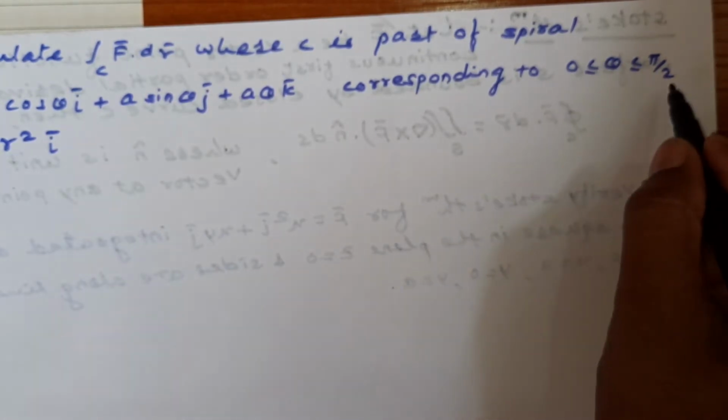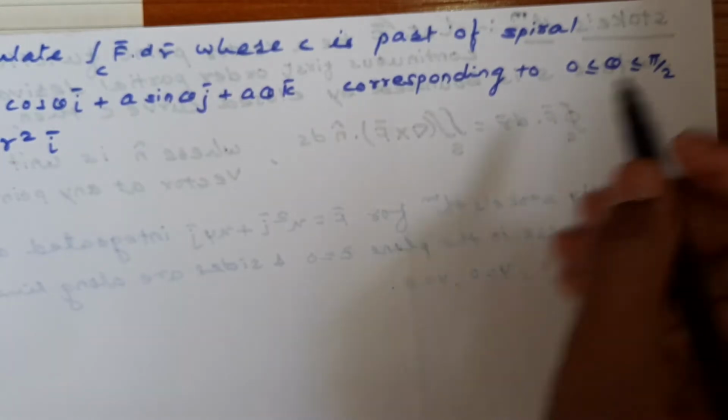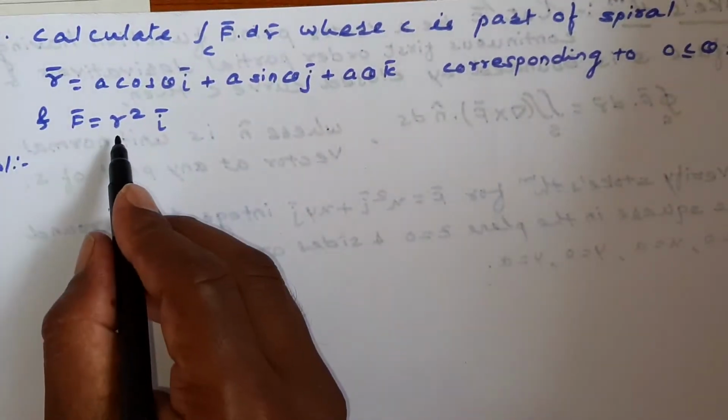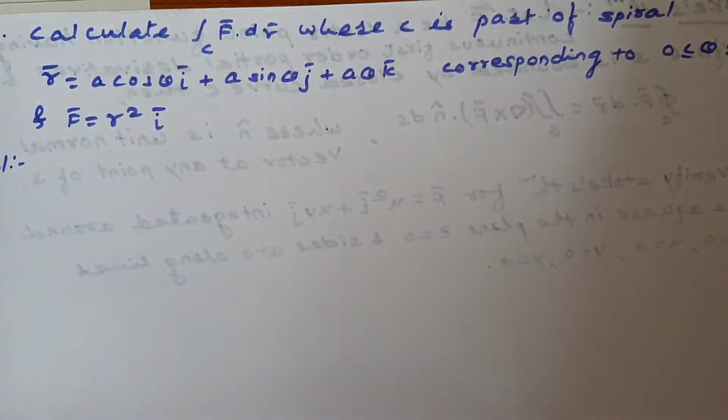Between 0 to pi by 2, theta is given, and F bar is defined as r square i bar. Vector r square into i bar, this is our F bar.